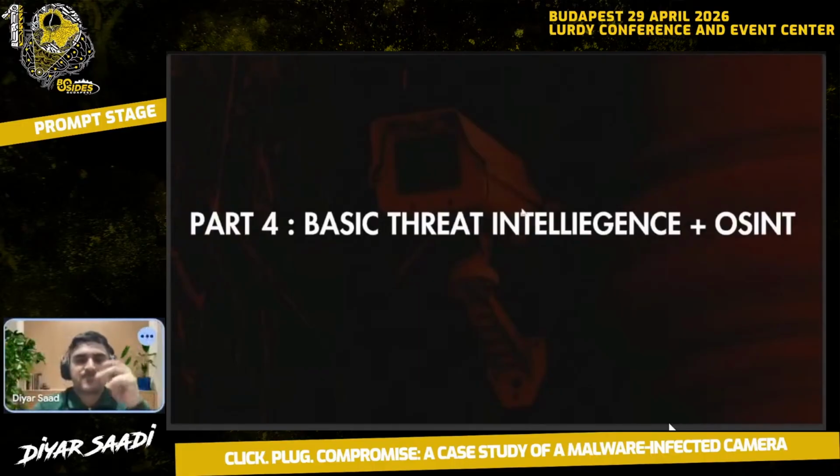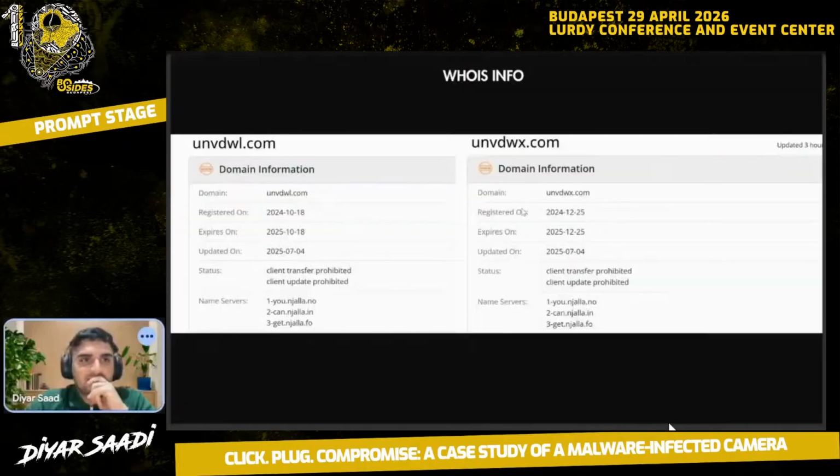Actually, the first stage in my OSINT and threat intelligence methodology is to check the whois info, the domain registration. The first one I think was registered in October, and the third one was registered in December. So that's quite new.